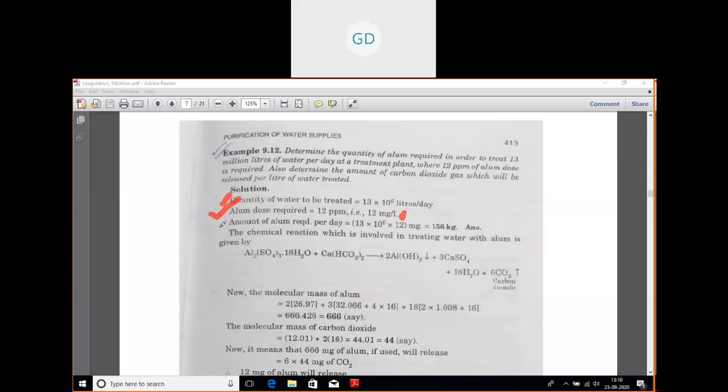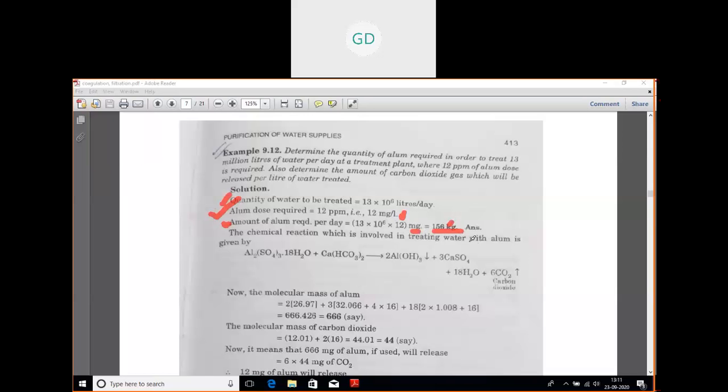If we multiply the quantity of water and the alum dose that is given, then you will get the amount of alum required per day. So you need to first multiply the quantity of water and the alum dose required. Clear? Here after multiplying, it was in milligram, but they have converted to kg.